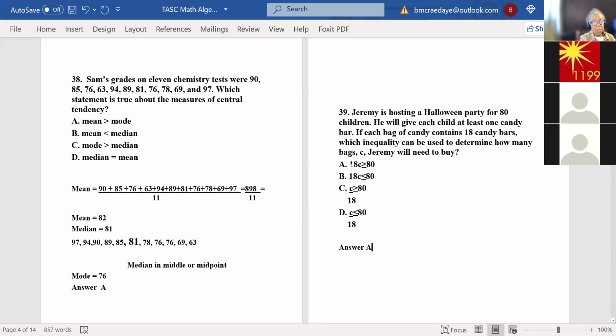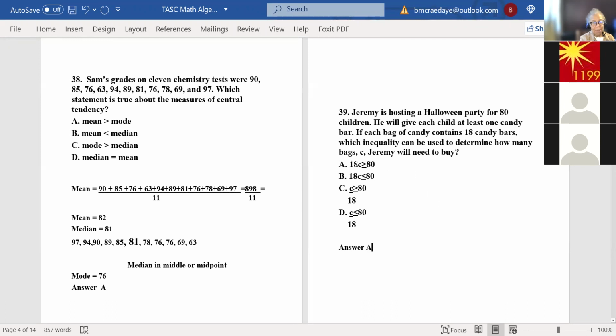So he has to buy enough for every child to have at least one candy bar. So 18 candy bars per bag times number of bags must be greater than or equal to 80.